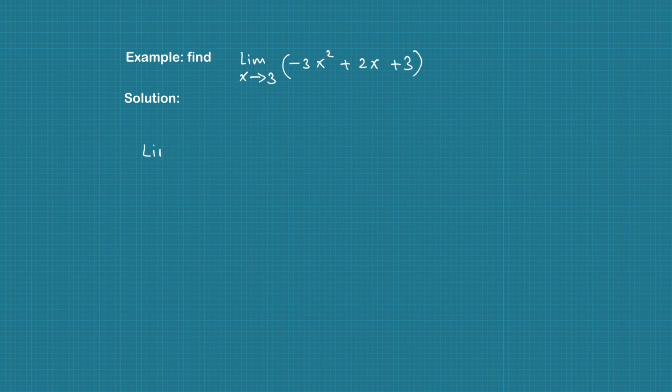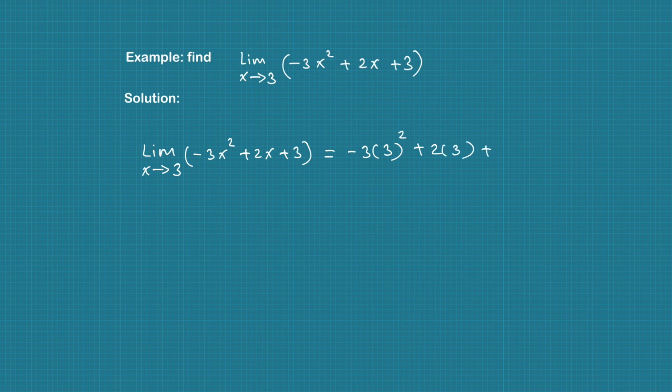Example: the limit of the polynomial minus 3x squared plus 2x plus 3 as x approaches 3. The limits of polynomials are quickly obtained by plugging in the value x approaches, because polynomials are continuous, and therefore the limit can be obtained by plugging in the value x approaches, as shown here.